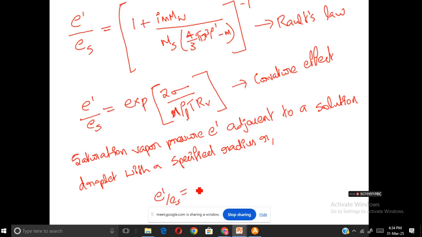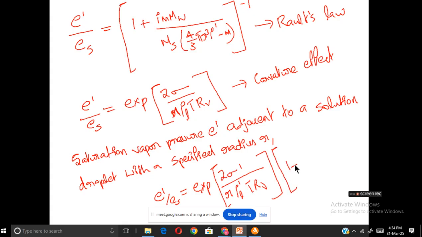Combine these two, we will get, due to the curvature effect, exponential of 2 sigma dash, to show that it is the solution that we are considering, rho L dash TRV into 1 plus IMMW by MS into 4 by 3 pi r cube rho dash minus m, the whole inverse.